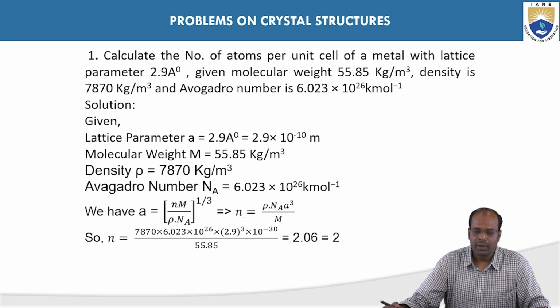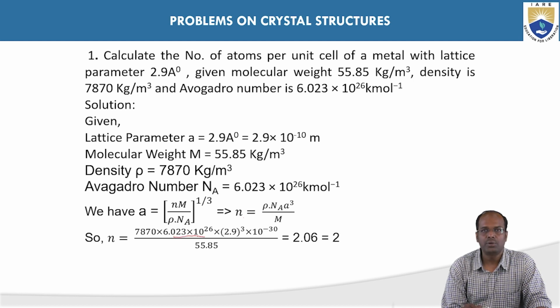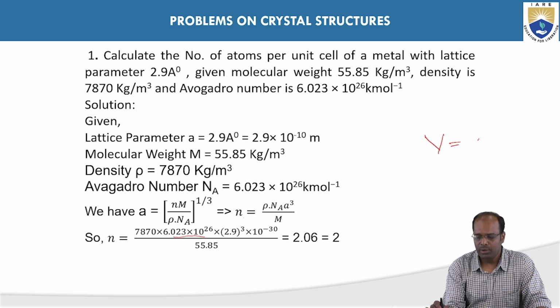Here density we already know is 7870, Avogadro number is 6.023 into 10 to the power of 26, and lattice parameter is 2.9. Volume is equal to a cube, where a is the lattice parameter, a equal to 2.9 into 10 to the power of minus 10 whole cube.